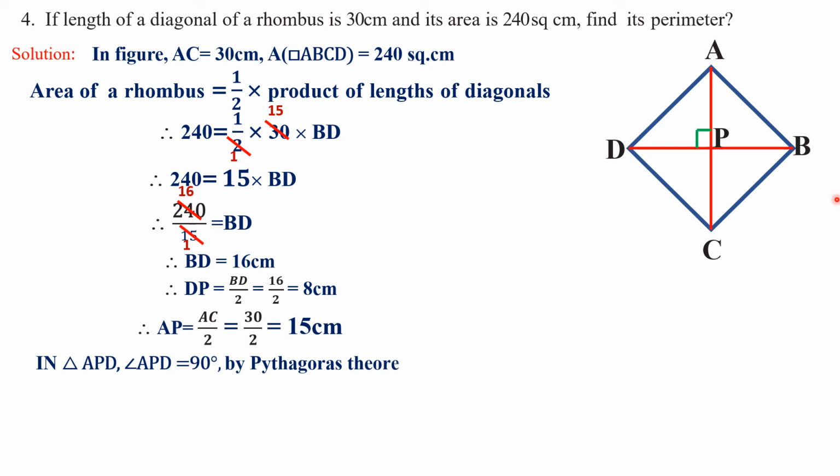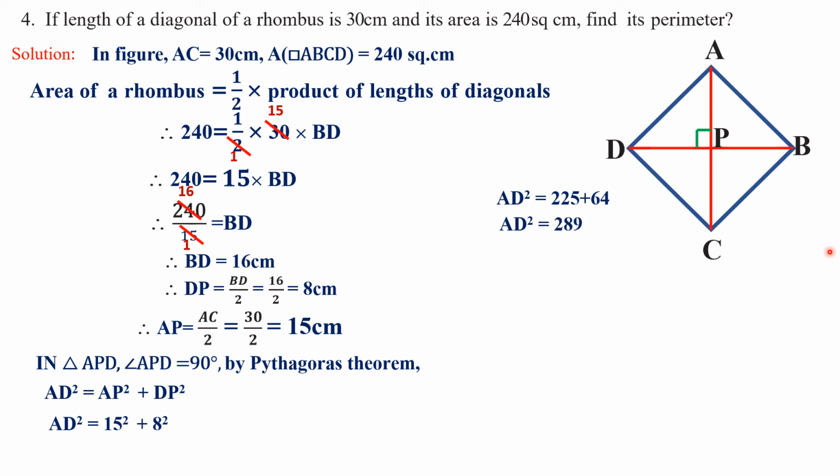Therefore by Pythagoras theorem, AD square is equal to AP square plus DP square. Now substitute the values. AD square is equal to 15 square plus 8 square. Therefore AD square is equal to 225 plus 64, which is 289. Therefore AD is equal to 17 centimeter.